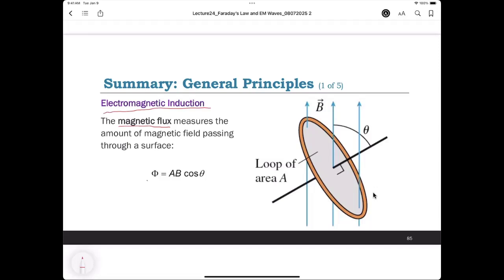We use this equation, where this is the area of the conductor loop, this is the magnetic field, and this is the angle between the axis of the loop and the magnetic field. If this theta equals 0, the magnetic flux is maximum.